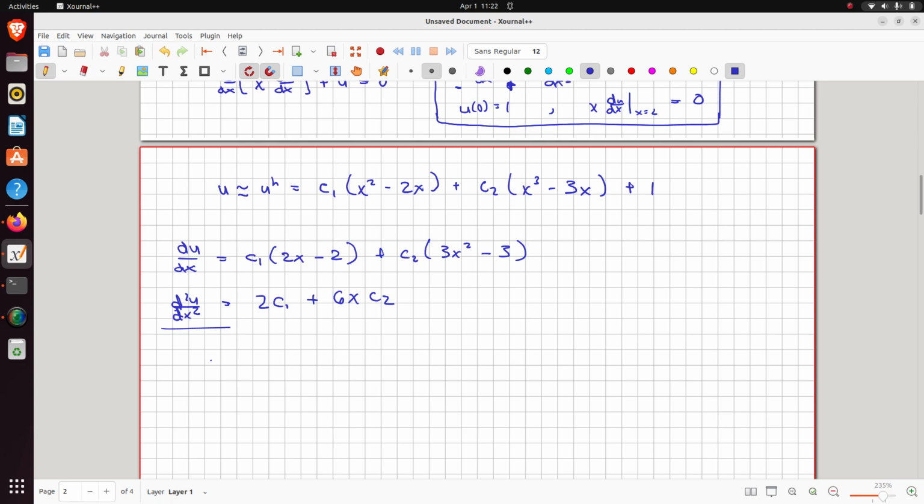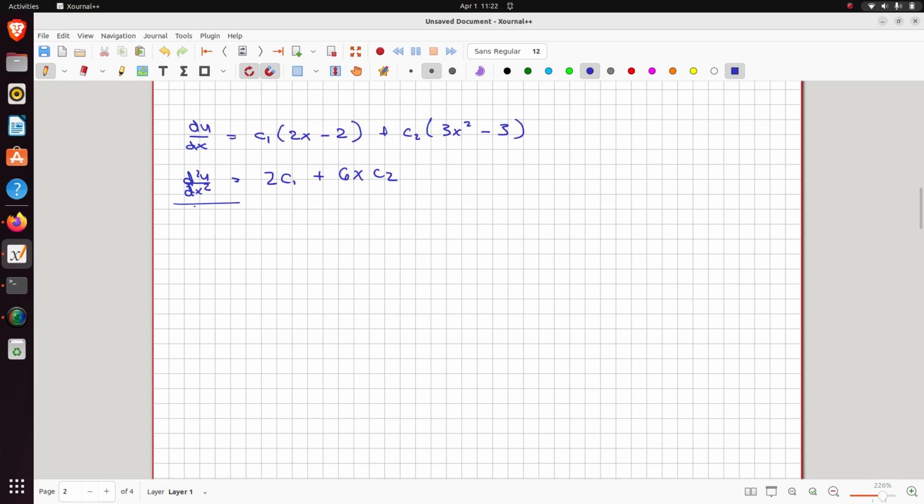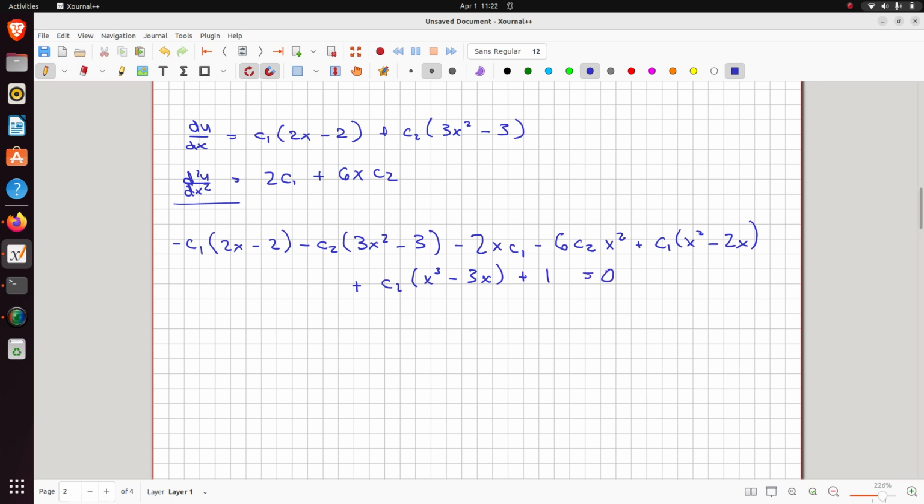Okay, so then if we stick those back into the equation, then we have that guy. Now, is that equal to 0?